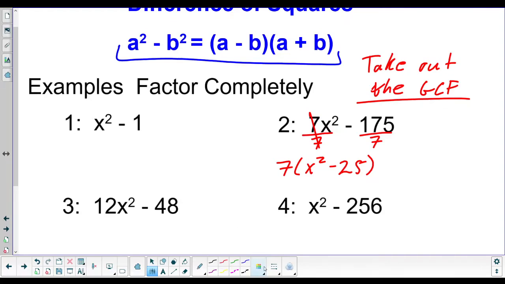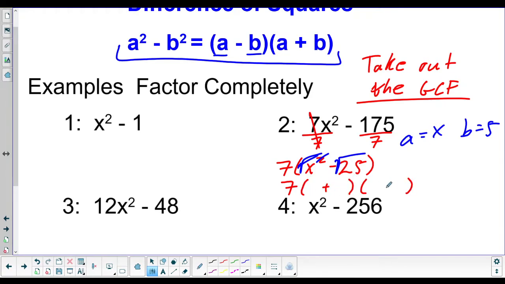So now we're going to find A and B, and then we're going to fill out this formula. So we take a square root of both of these terms. So A, square root of x squared is x. B, square root of 25 is 5. So let's bring down our little brother, the 7, first. Then we're going to have 2 sets of parentheses.